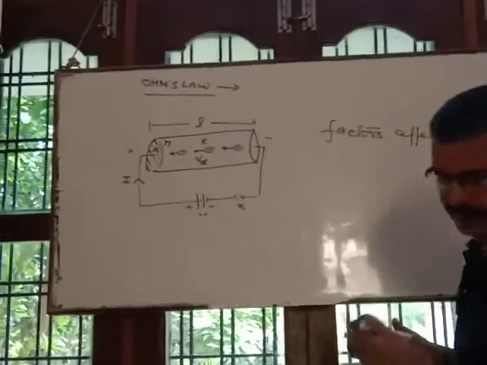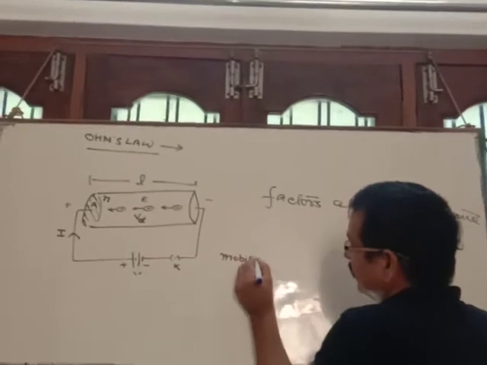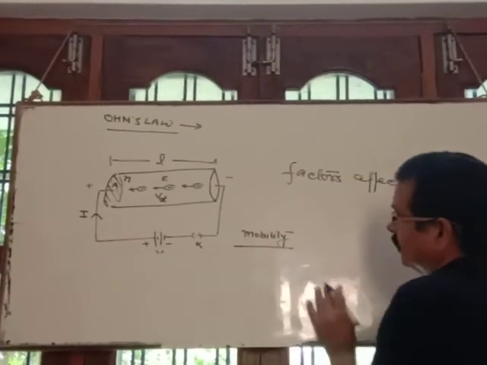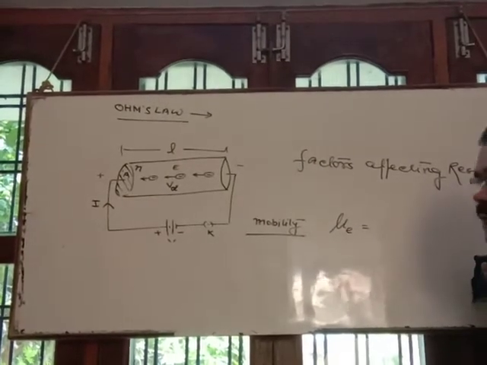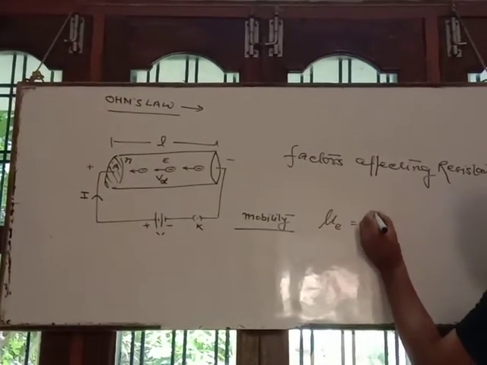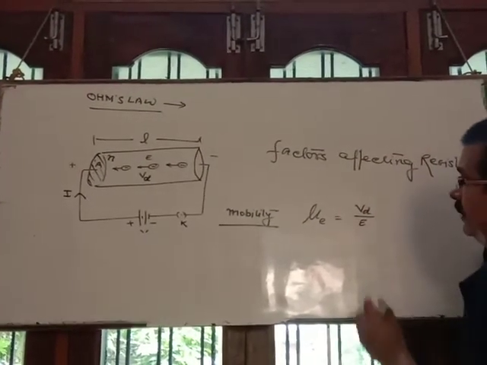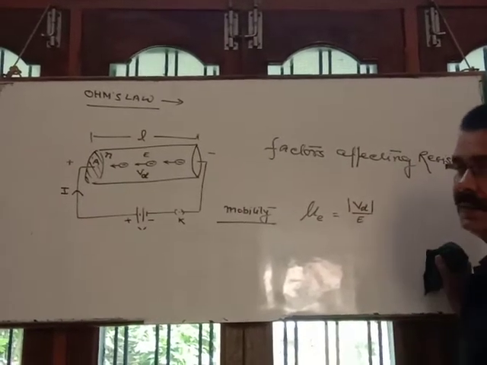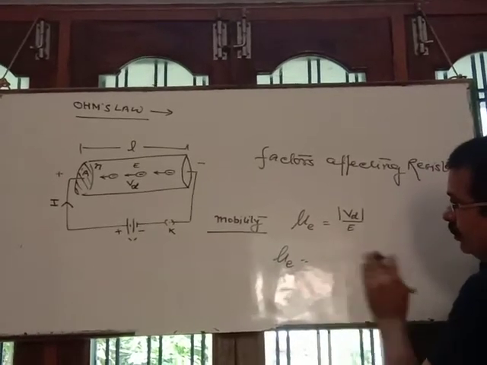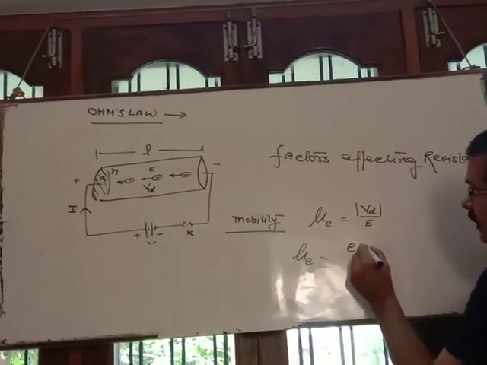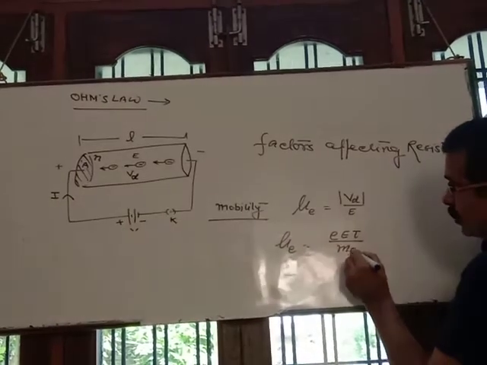Clear? Then one more term, that is called mobility, denoted by mu. Mobility of a charge carrier is the ratio of drift velocity per unit electric field, Vd upon E. So mobility of electron: Vd is equal to, as you know, small e, capital E, tau by mass of electron.